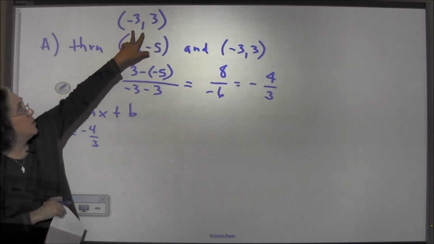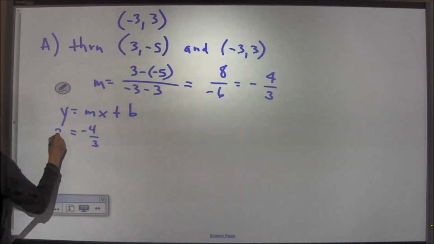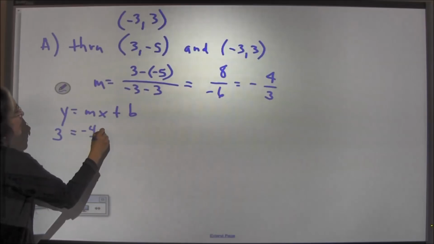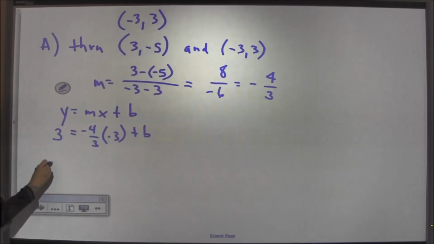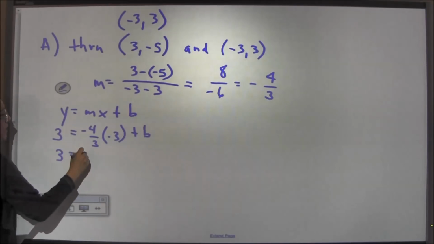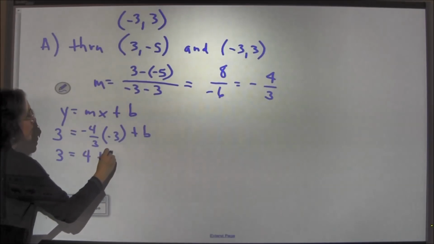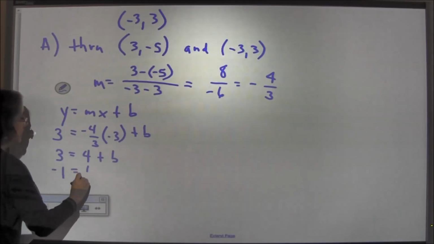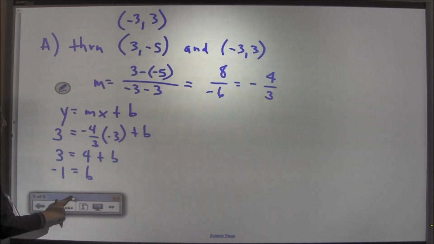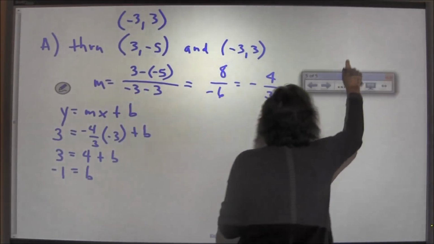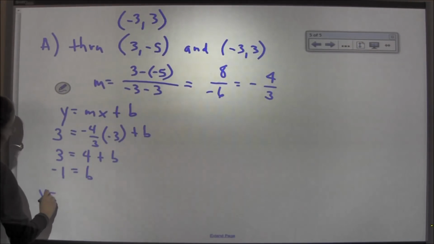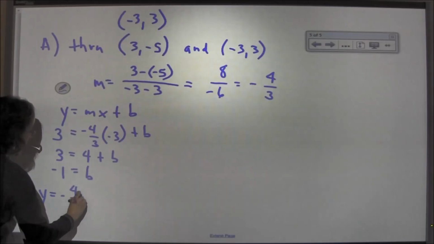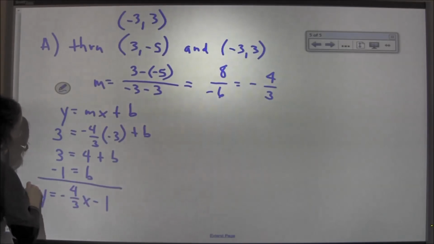So if I pick this first point, I'd put in the 3 for the y, and then the -3 for the x, and then solve for b, like you said, and so that's -1. But don't forget, you're supposed to be giving the equation, so the answer is y equals -4/3 x minus 1.